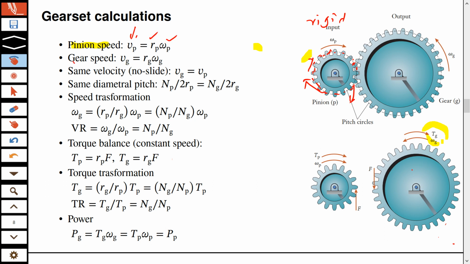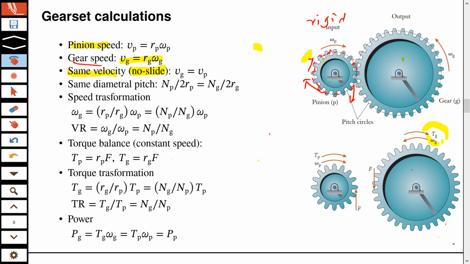You can do the same for the gear speed. You write the same equation for the gear, and because there is no sliding, remember that fundamental principle, there is constant angular speed.